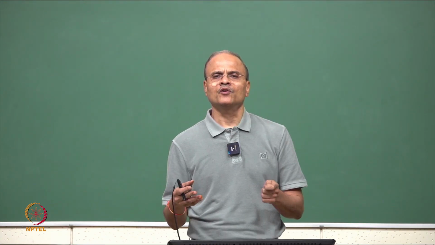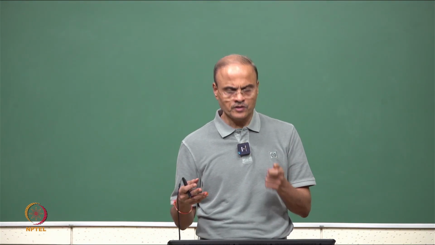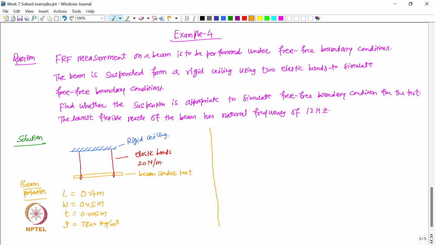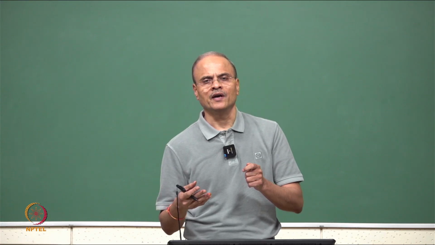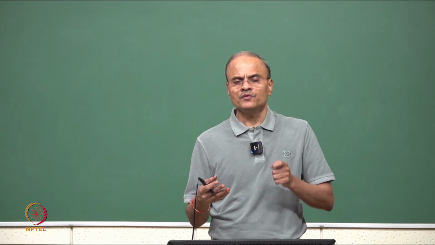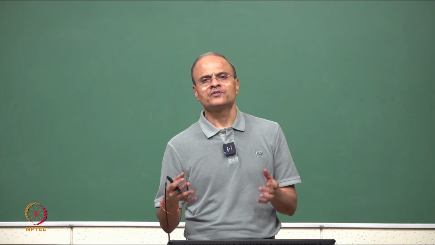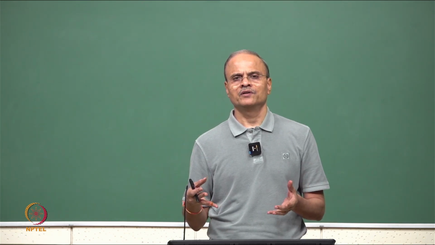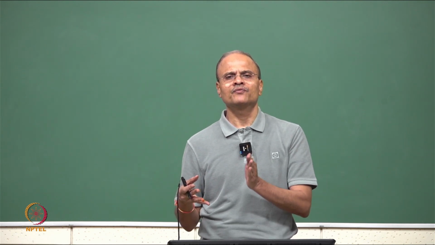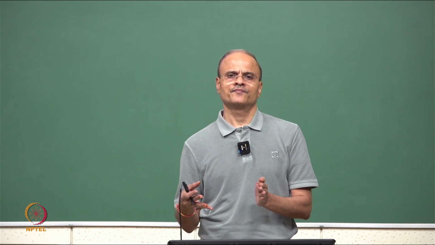Now the question is what should be the stiffness of those elastic bands. In this question, what has been asked is to determine whether the bands which have been used, which have the stiffness of 20 Newton per meter, there are two of them, are appropriate, and would they allow a reasonable simulation of free boundary condition for the test. As we discussed in the lecture class, one of the guiding principles is that the first rigid body mode of this suspended structure should be less than 10% of the first flexible mode natural frequency.